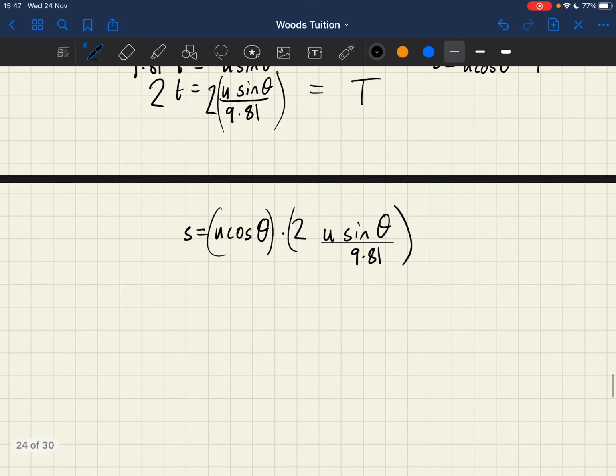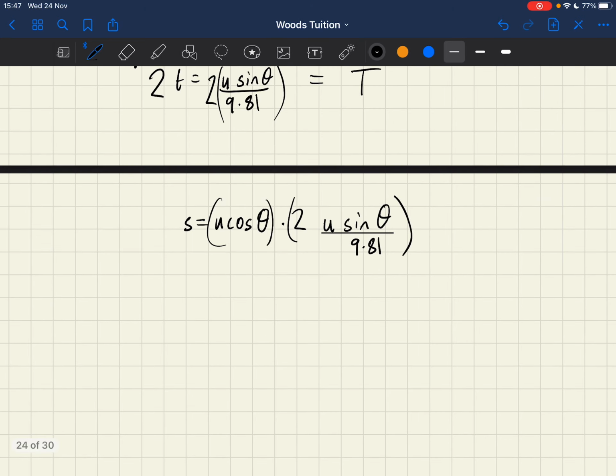We can make this simpler again. We can take out our u's, and they become u squared. So that's u times u, and s is equal to 2u squared over 9.81, times sine theta cos theta.